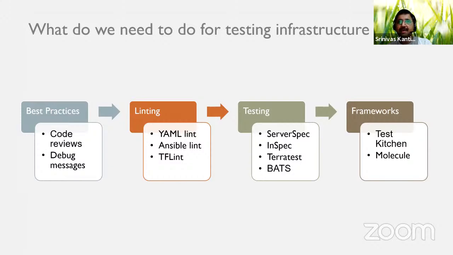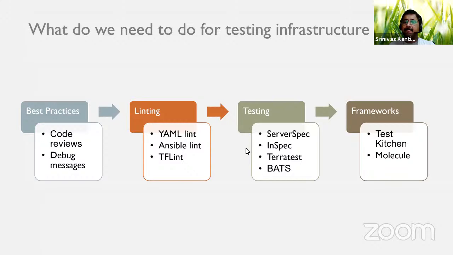Terratest is for checking Terraform files, and BATS is for Bash. You might have written a lot of bash scripts that you want to reuse, so we have BATS there, the framework. I didn't try it, I've seen it a bit. So those are the testing tools, which is good. We have all the test tools.